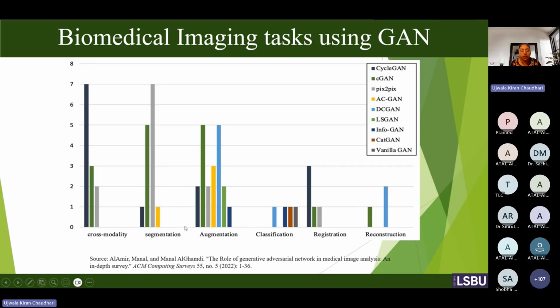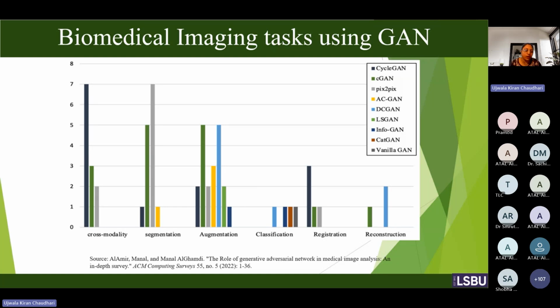Then segmentation: for image segmentation also, these GAN models are used in the medical domain. Augmentation: if you have to augment the data, to increase the size of the data, different kinds of GANs are used.